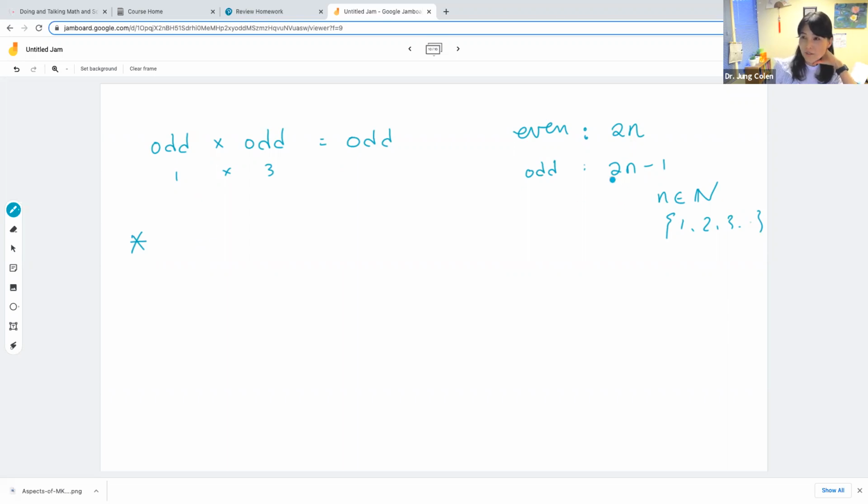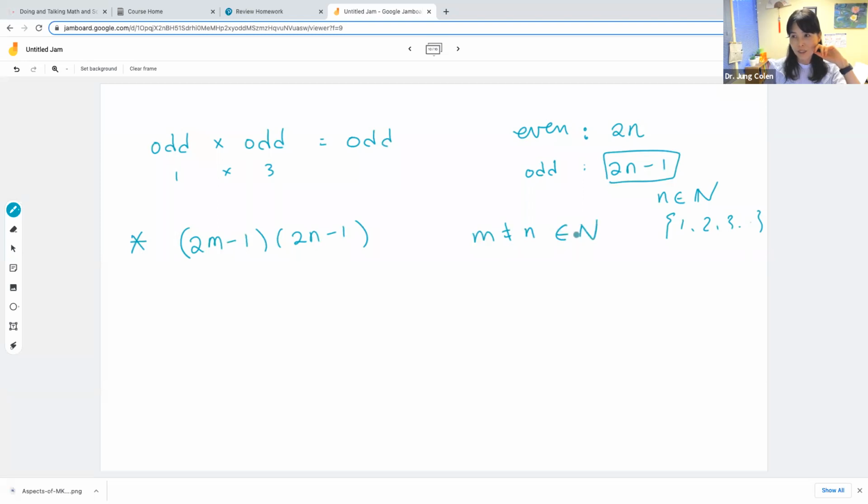So we can define 2n minus 1 as an odd number. So let's have two different odd numbers. One can be 2m minus 1, and another one can be 2n minus 1, because m and n are different. So both are natural numbers. Does it kind of make sense though? Yeah, so both are odd numbers.